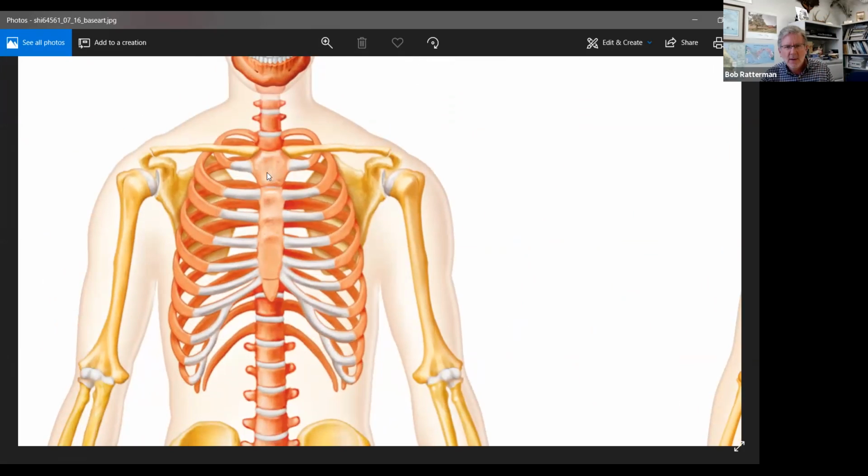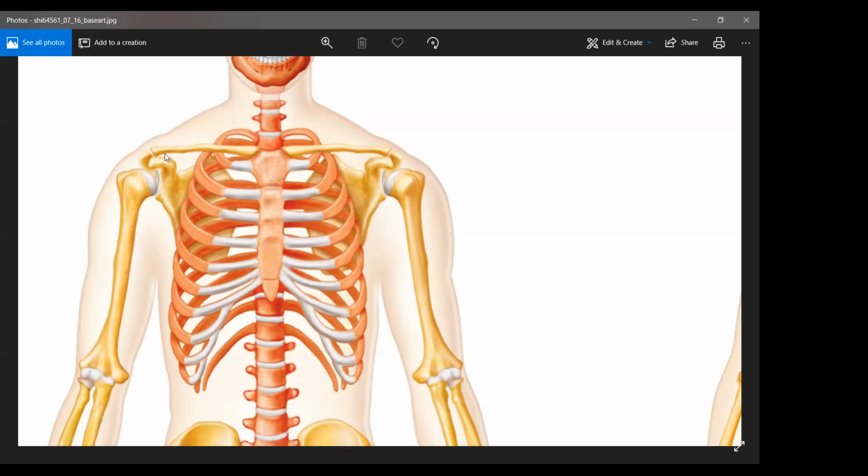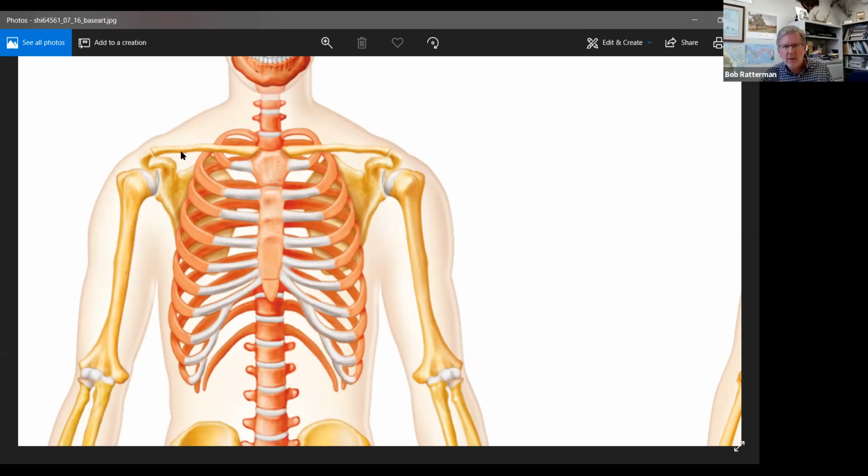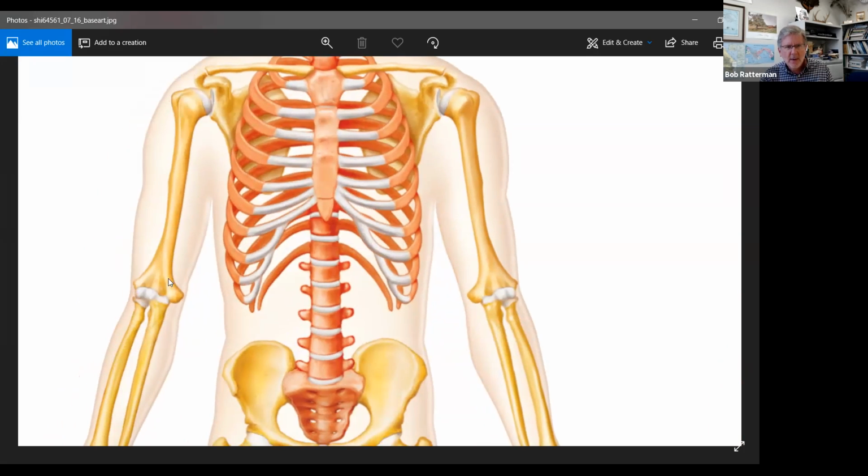This one, sternum. Now we're going to talk about the three parts next week, but for now we'll just say sternum. Okay. How about this guy? Clavicle, right? Clavicle. This one, humerus.